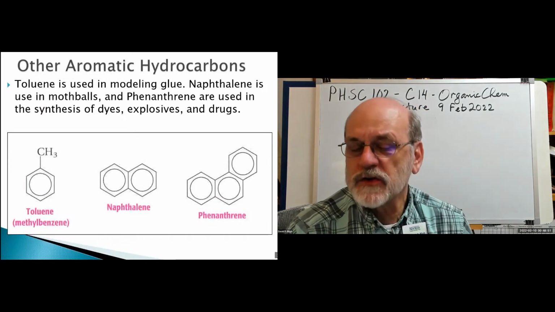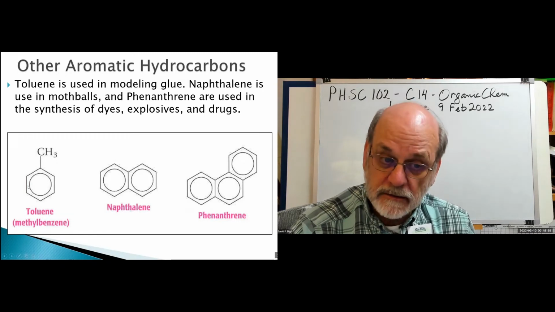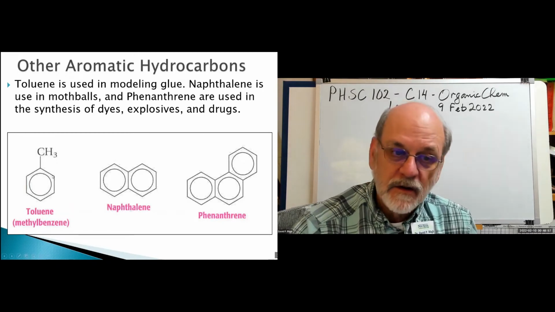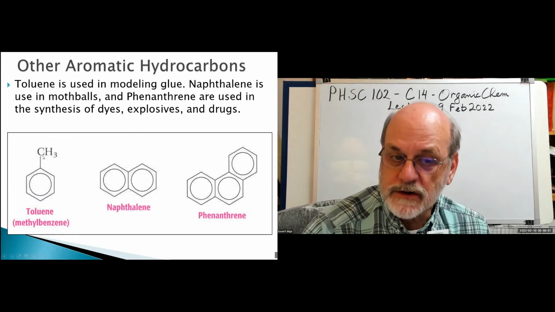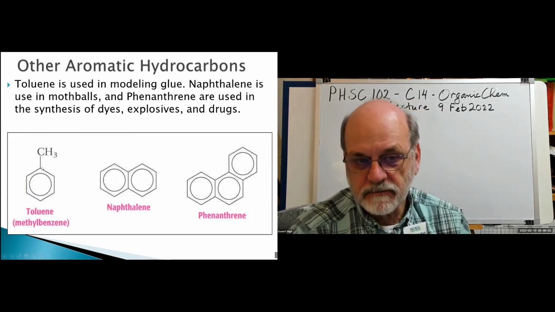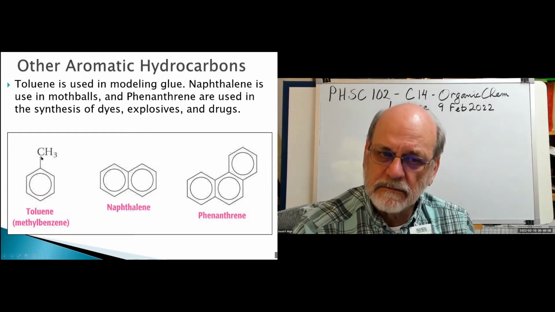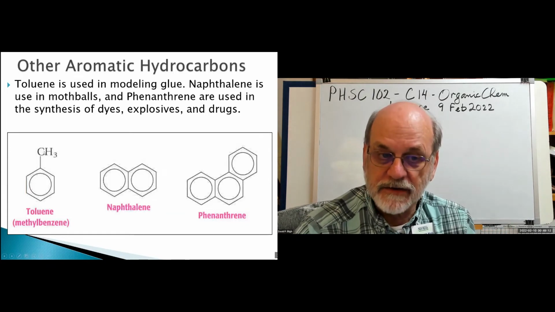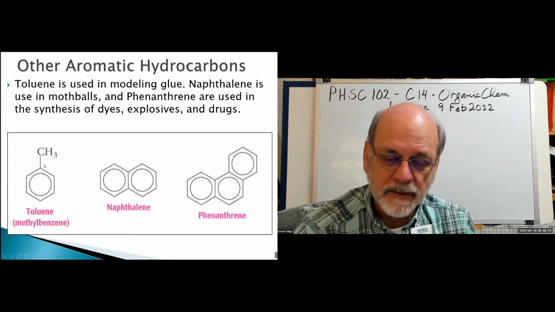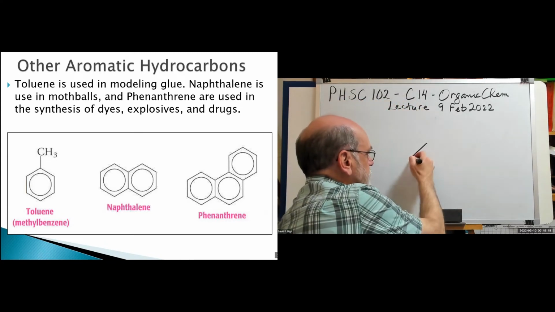Okay, other types of aromatic compounds. In this one, toluene, we have substituted a carbon and 3 hydrogens for that 1 hydrogen. So this carbon, and when we do that, sometimes we explicitly write the carbon in. In this case, we did. Sometimes we don't. Sometimes we just draw it like this.